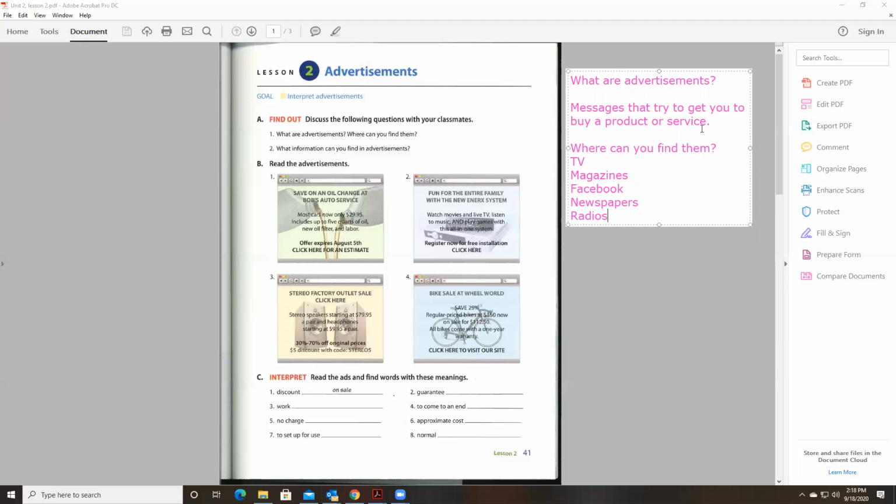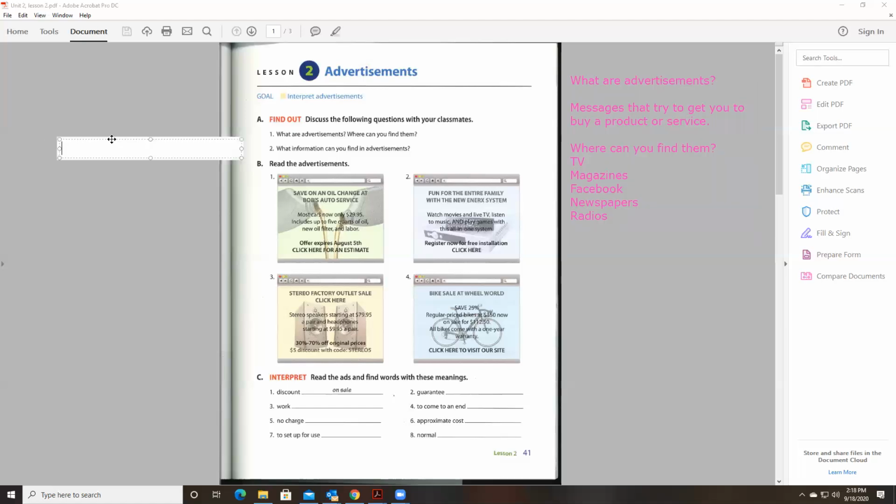Okay, so let's get number 2. It says, what information can you find in advertisements? Well, if it's trying to sell a product or a service, what information is on an advertisement? If it's trying to sell something, it's probably going to include a price, right?